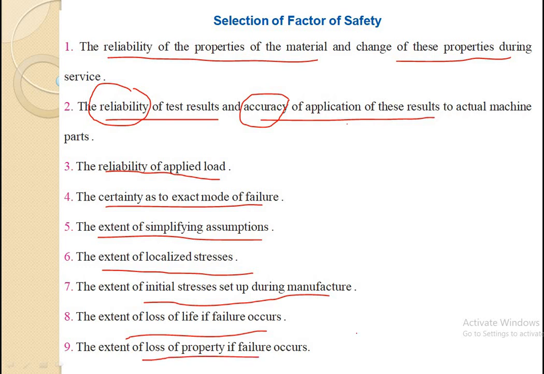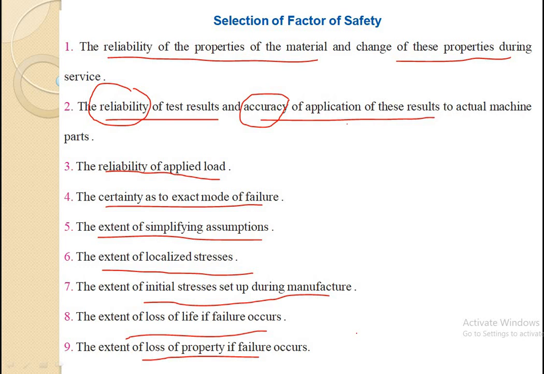Same case. If due to the failure of any element in an aeroplane, or say locomotive, or marine ships, or automobile, that part fails before actually reaching the maximum stress value, then there will be a loss of that property.